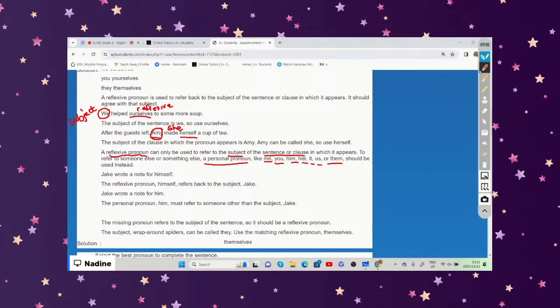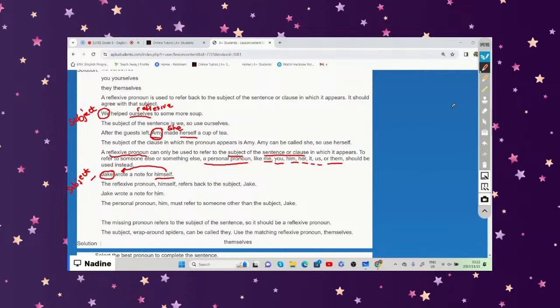Then we have Jake wrote a note for himself. So Jake is our subject, and wrote a note for himself, right? And himself is referring back to Jake because we can say he wrote a note to himself.